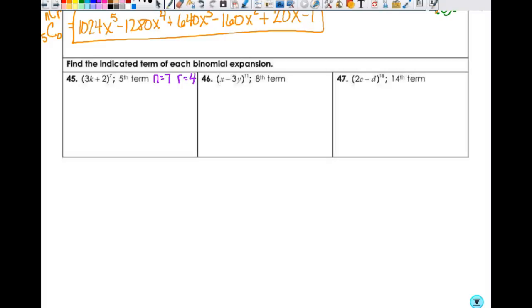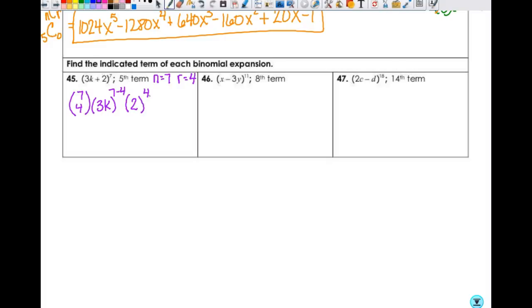Again, don't go looking back up there at that triangle because you're not going to have it all written out. What I want to do here then is, this is 7, 4 combination. Then I take a, which is 3k, to the 7 minus 4 power times 2 to the 4th power, right?